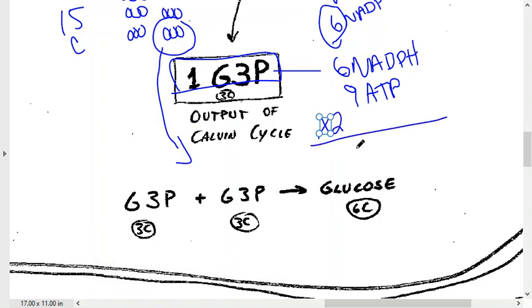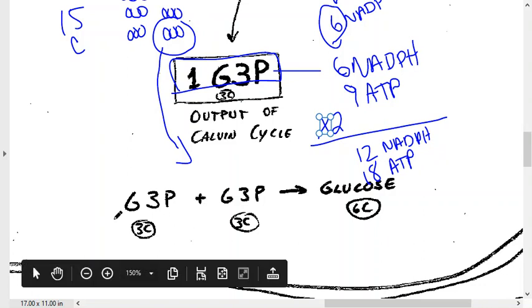And that's going to get you 12 NADPHs and 18 ATPs. This is the same 12 and 18 that we talked about in the last video. That's going to get you another G3P, and then your 2 G3Ps, your 3 carbon molecules, using an enzymatic reaction, can combine to make your 6 carbon glucose.